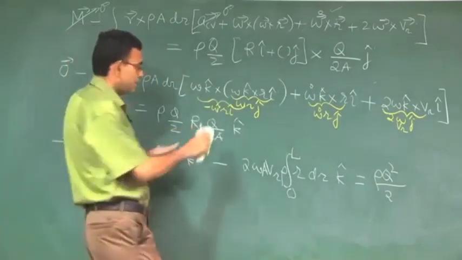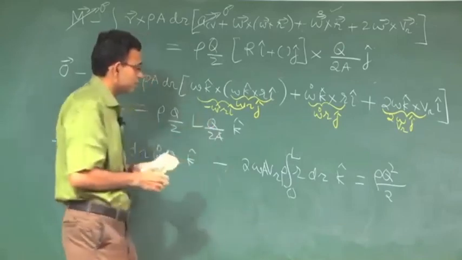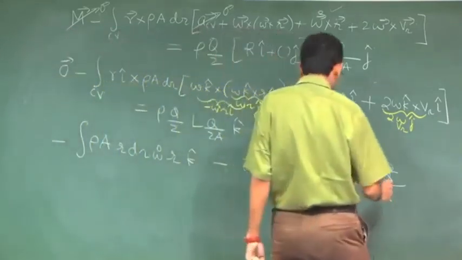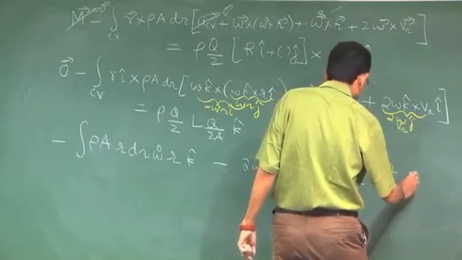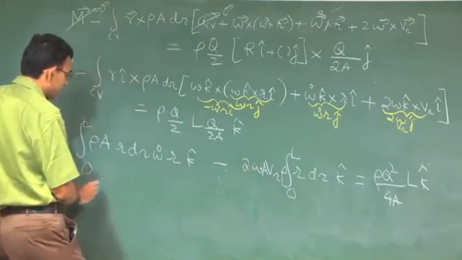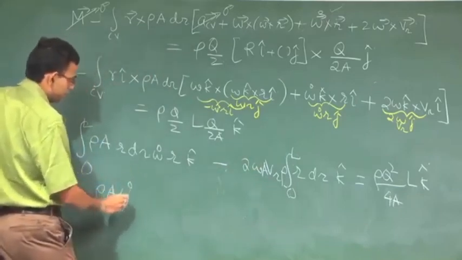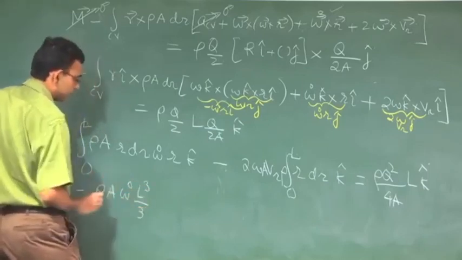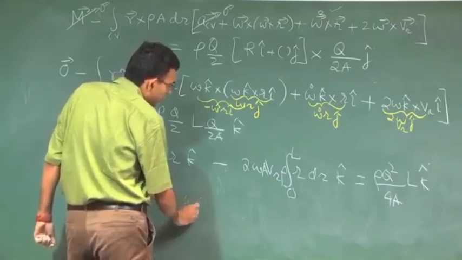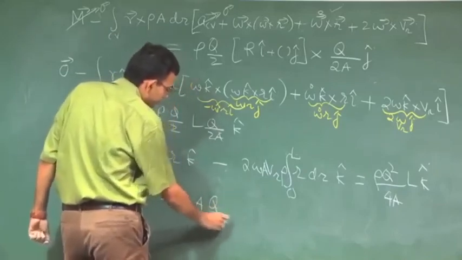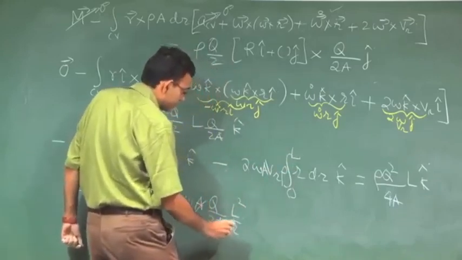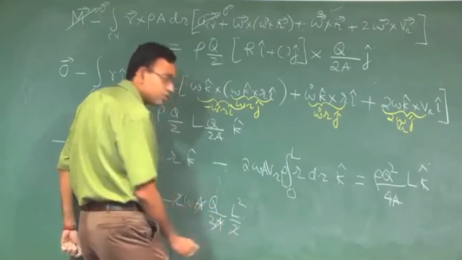This is L, not R, I have given the name as L. It just requires one more step, 0 to L. So this becomes rho A omega dot L cube by 3, all are multiplied with k, so we can take only the scalar components, minus omega A Vr, where Vr is Q by 2A, into r dr is r square by 2, so L square by 2, and these 2 and these 2 get cancelled.